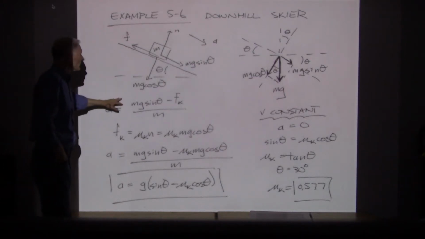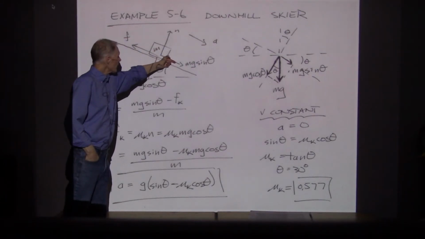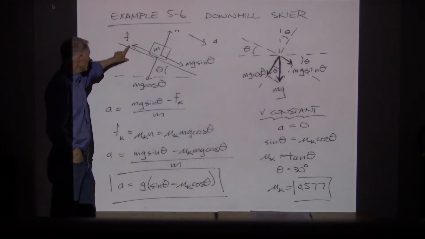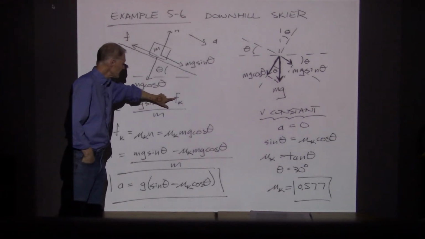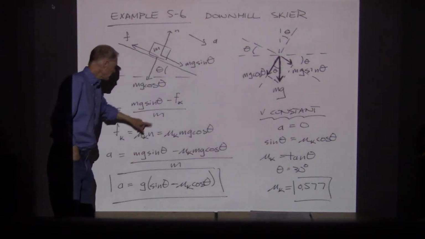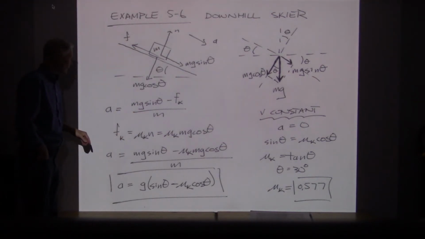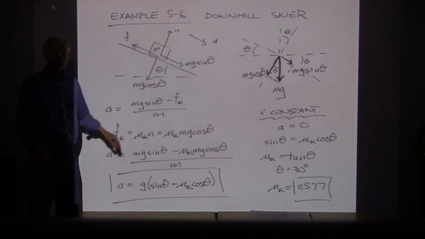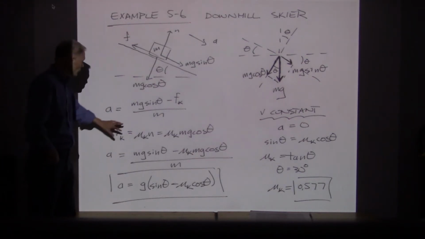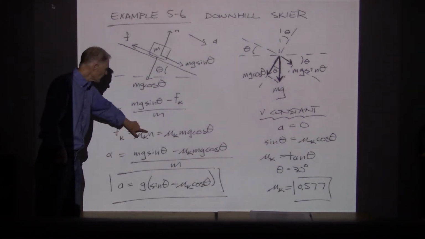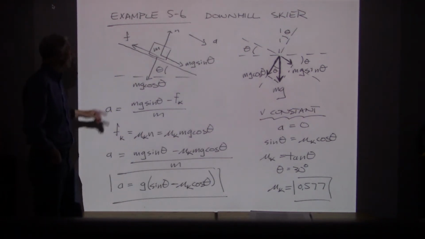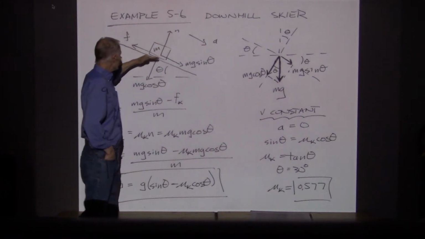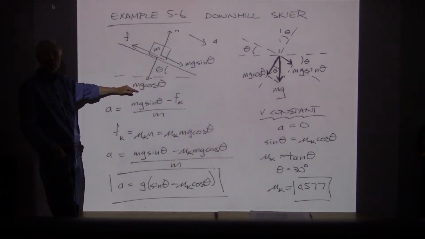And this is going to be mg sine theta minus, this is our kinetic friction. So mg sine theta minus kinetic friction divided by m. And the kinetic friction can be written in terms of a coefficient of friction. So this will be mu sub k times n, and the n for this diagram, n is equal to mg cosine theta.